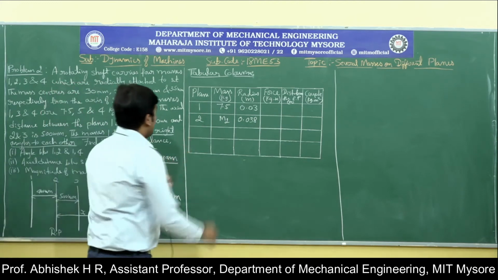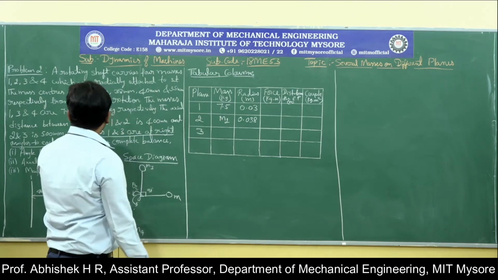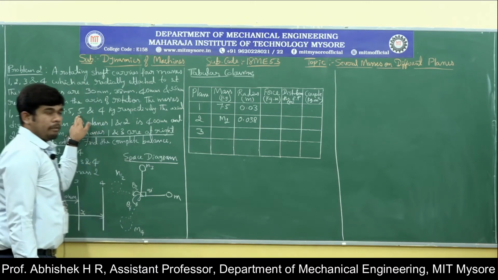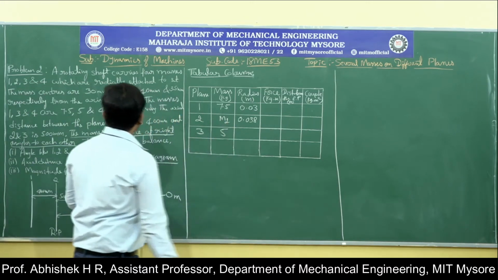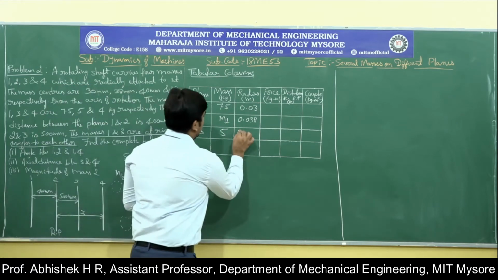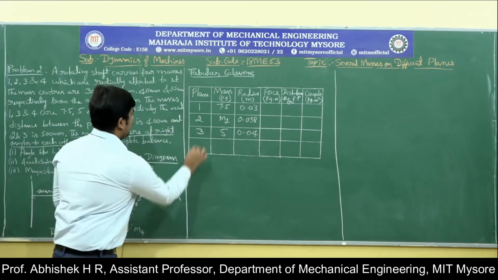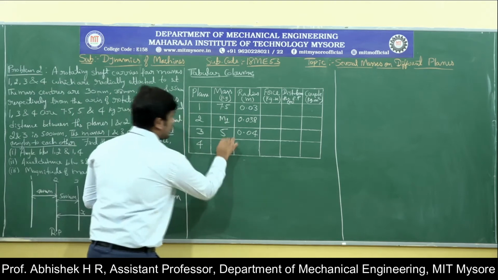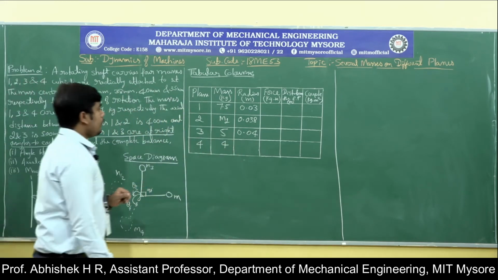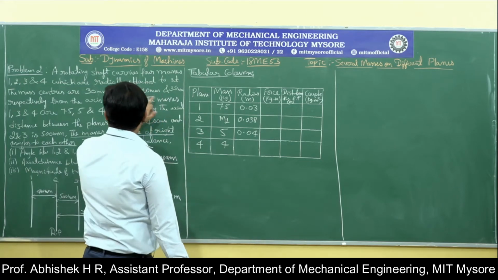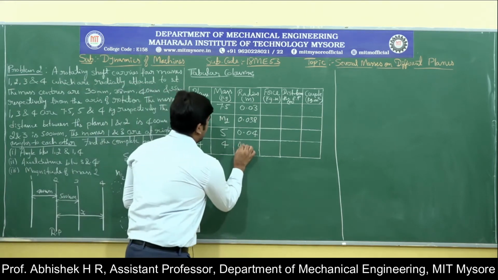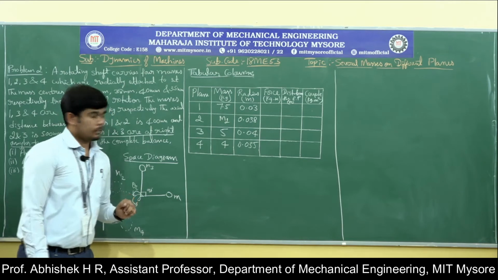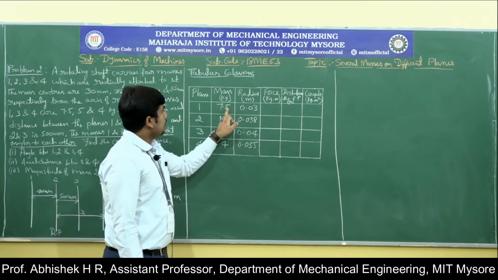Then plane 3: the mass is 5 kg and the radius of rotation is 40 mm, which means 0.04 meter. Then plane 4: the mass value is 4 kg and the radius of rotation is 35 mm, which means 0.035 meter.